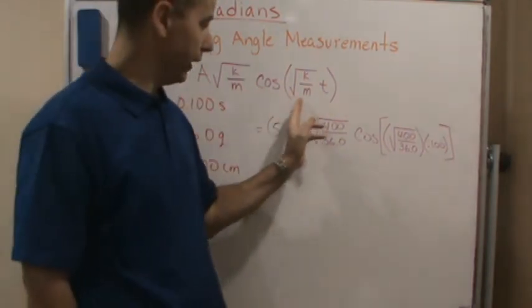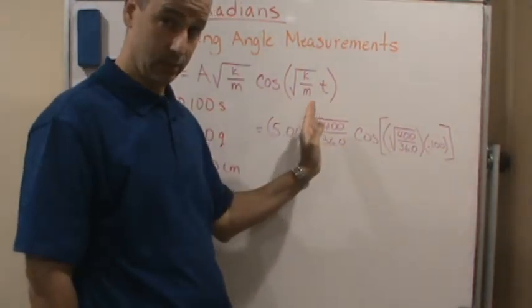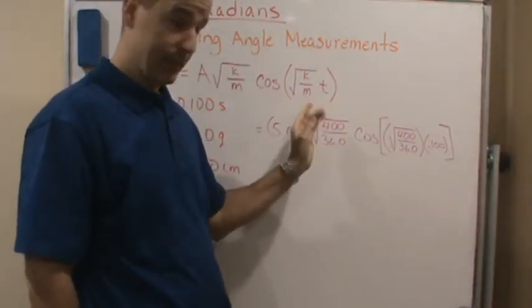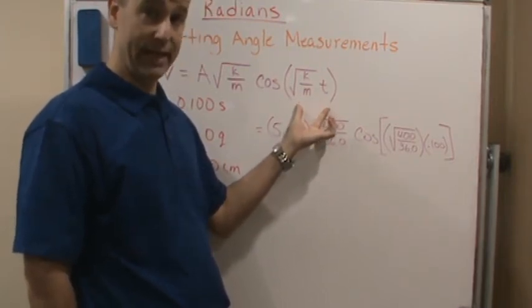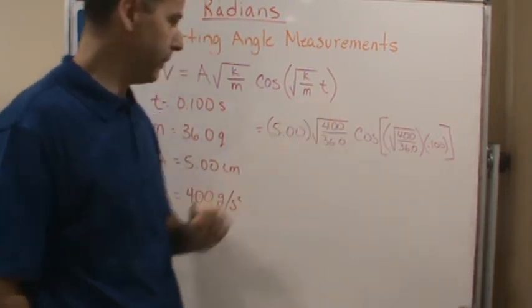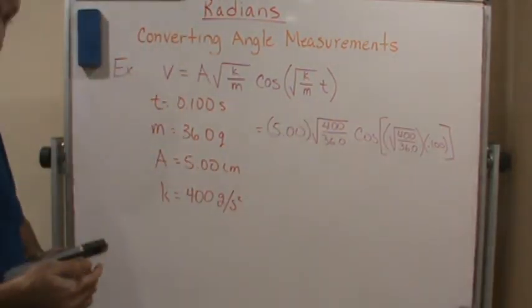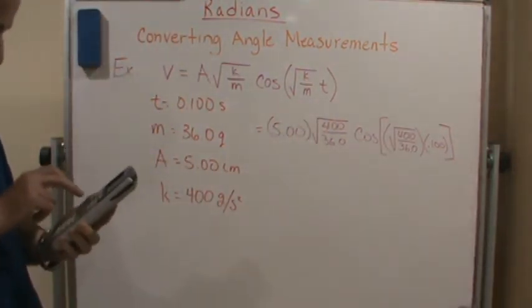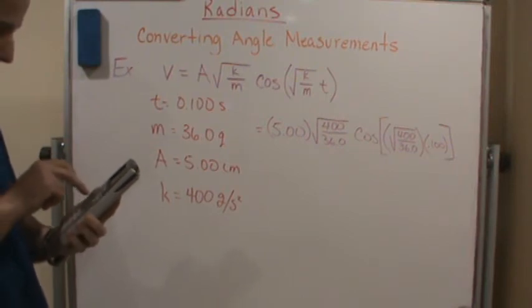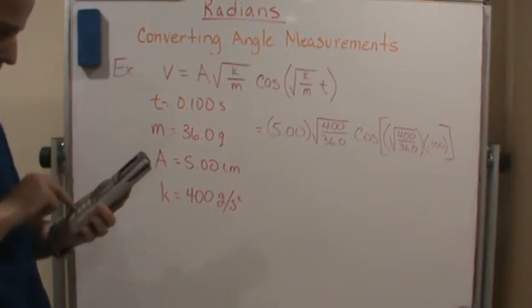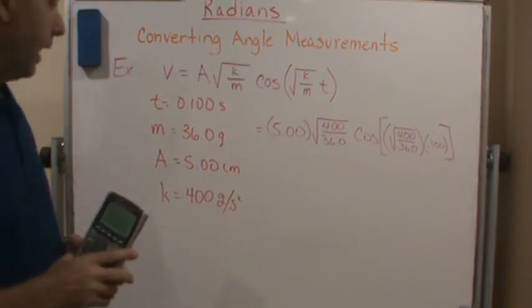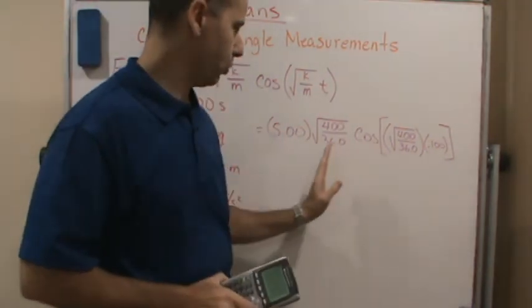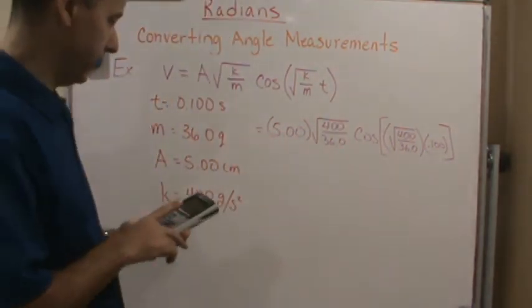So in this case, we are going to treat this like radians. This angle has no units, so it's radians that we're dealing with, and we have to make sure our calculator is in radian mode. Let's check. And mine is. Now I know I'm going to get the correct answer when I plug everything in.